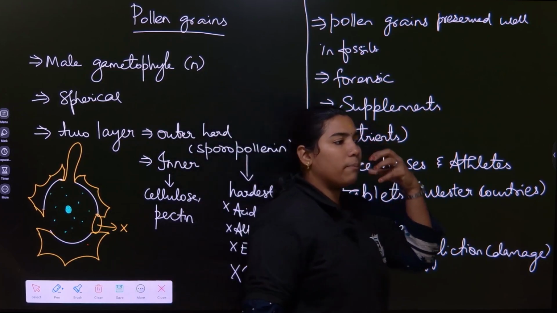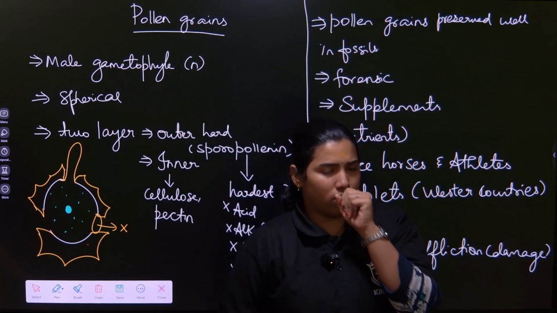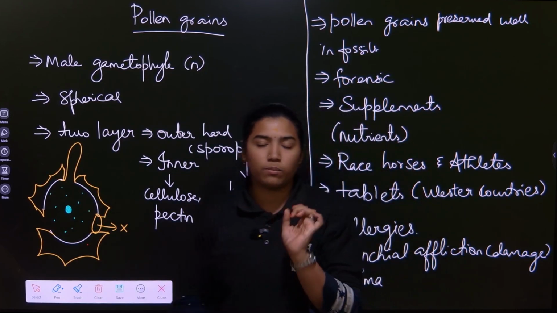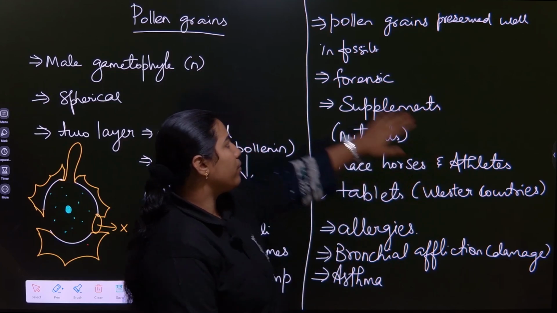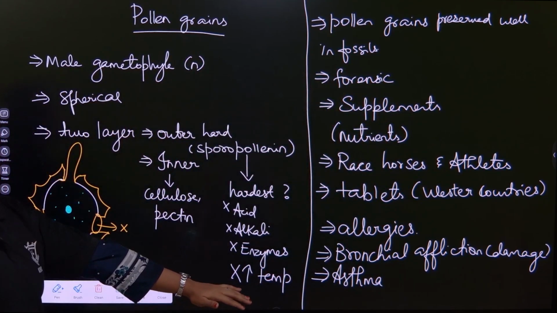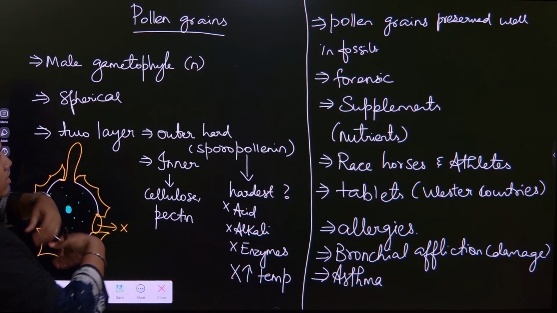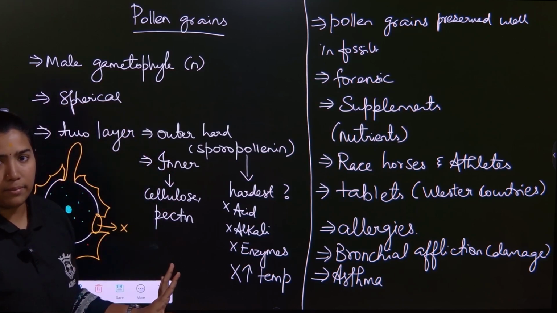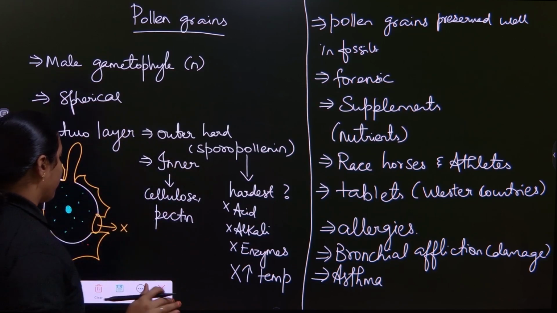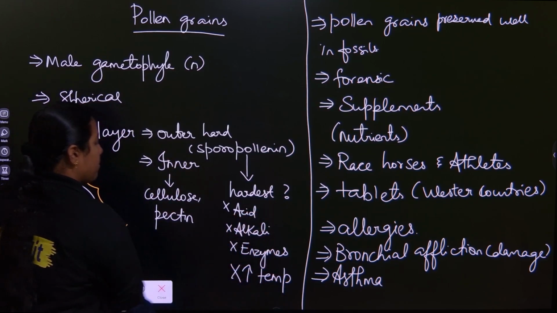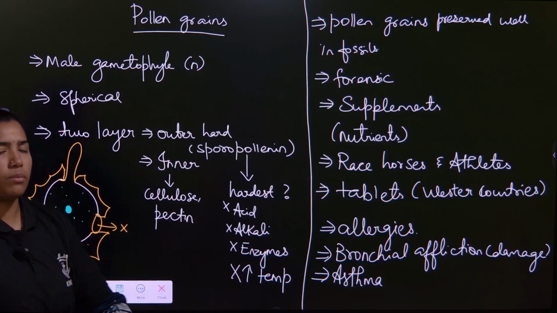So whenever you think about pollen grain, make sure you remember all these points on the screen. Questions can come from any line you can take. Acid, alkali, enzymes, temperature, they can ask questions from everywhere.